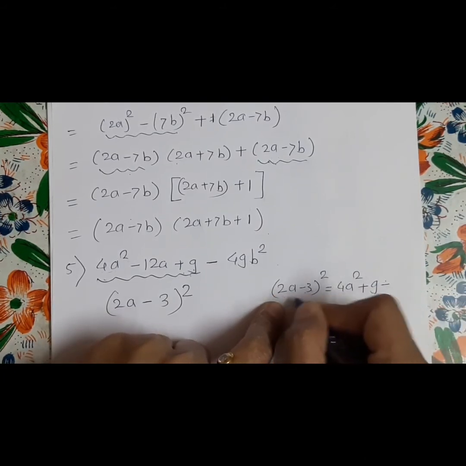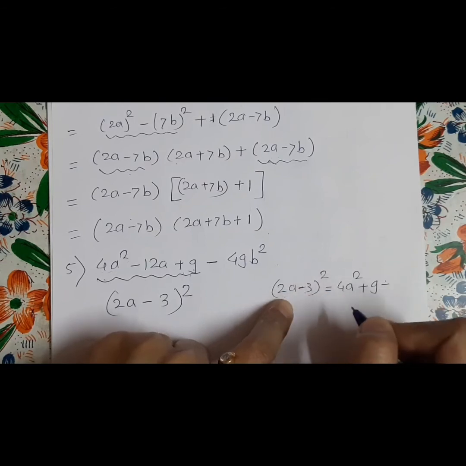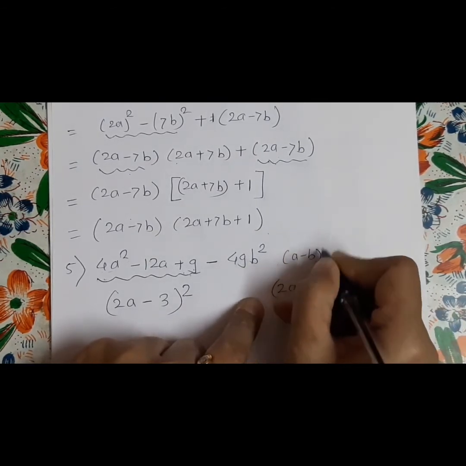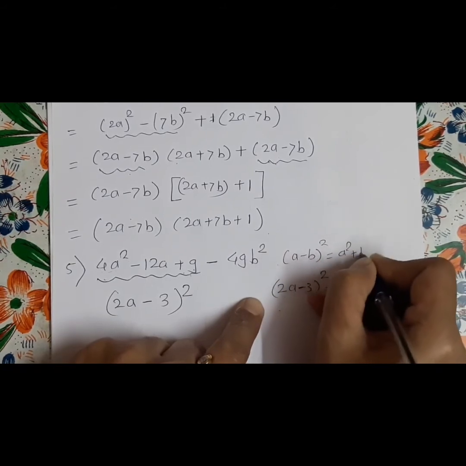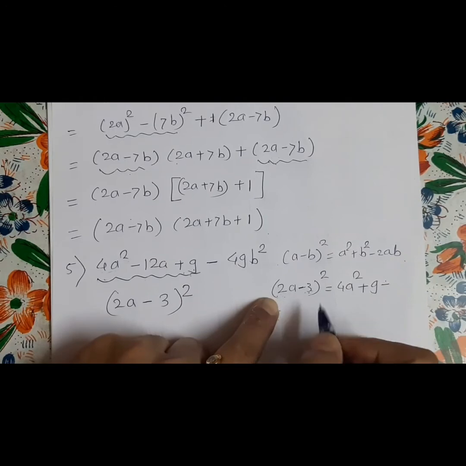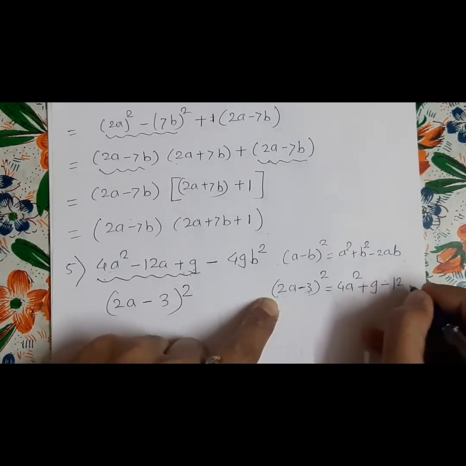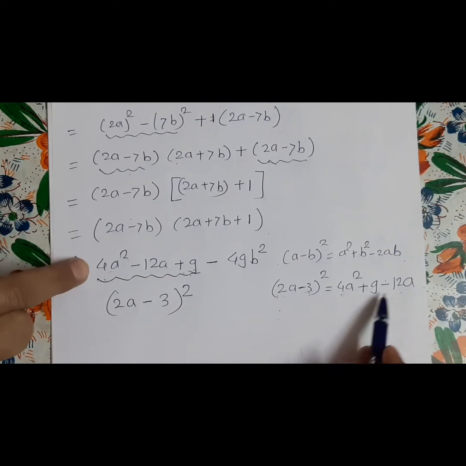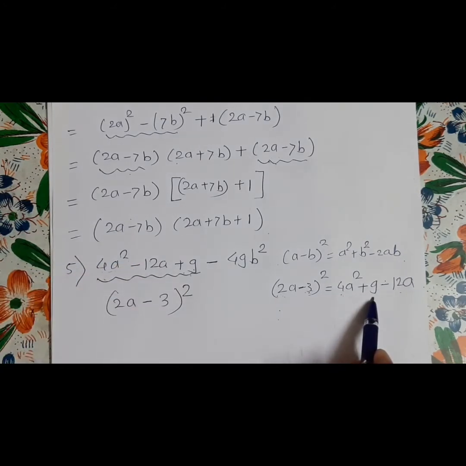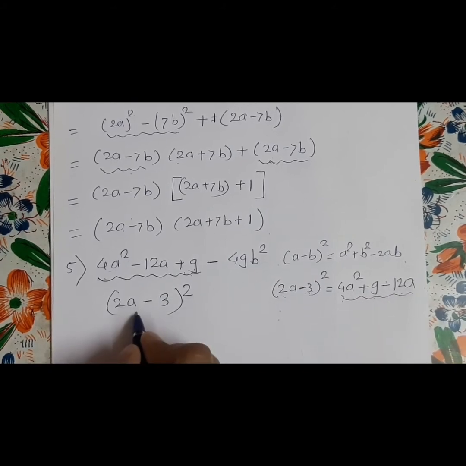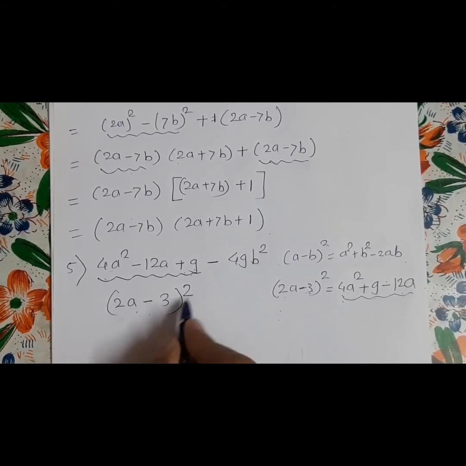Because here it is a minus sign, so we are using the formula a minus b its square. So it is a square plus b square minus 2ab. So 3 into 2 it is 6, and 6 into 2 it is 12a. So if you observe here, it is 4a square minus 12a plus 9. It is the same. So in place of this quadratic expression, directly we can write 2a minus 3 its square.